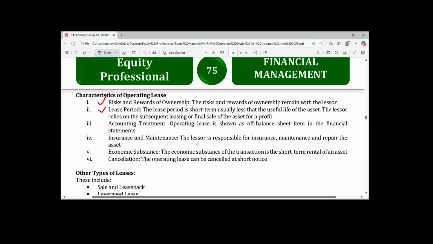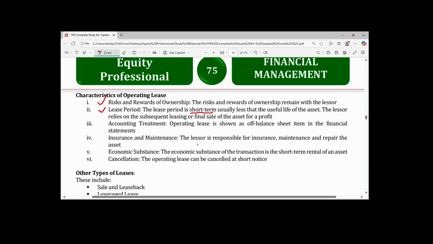It's usually less than the useful life of the asset. If the useful life of the asset is 5 years, then this operating lease may be for 1 year or maximum 2 years. And then, of course, once you have leased it for that short-term period, the lessor will have the opportunity of leasing it to another party subsequently to earn profits on the asset.